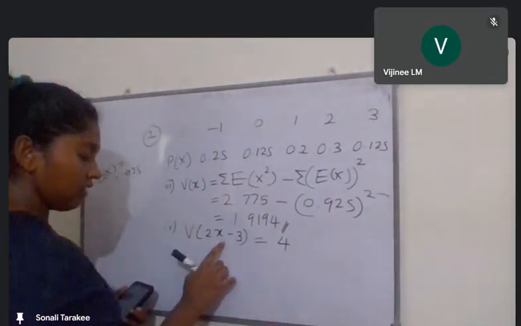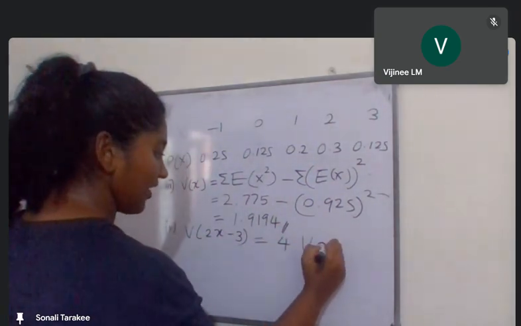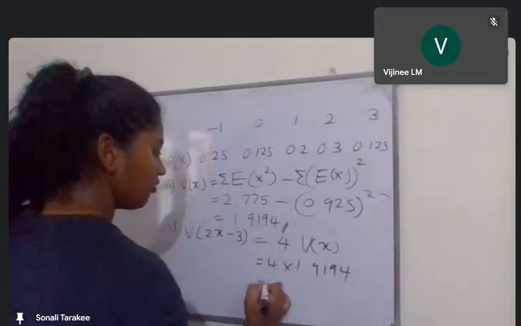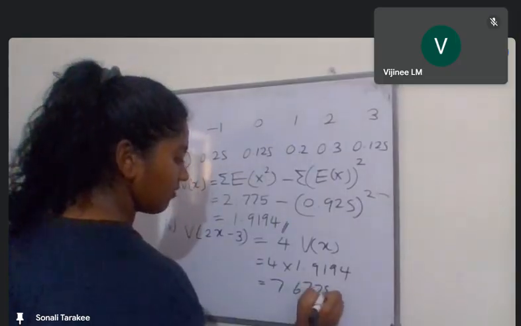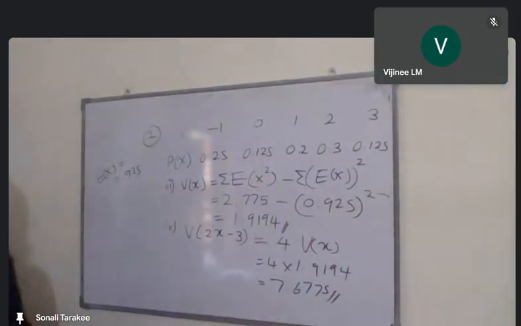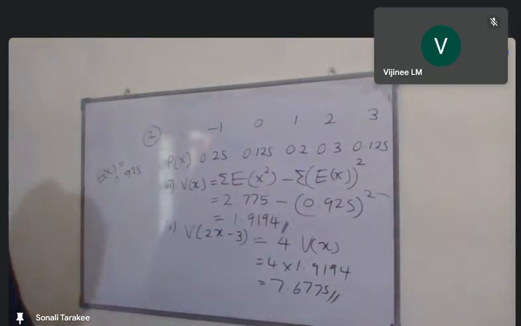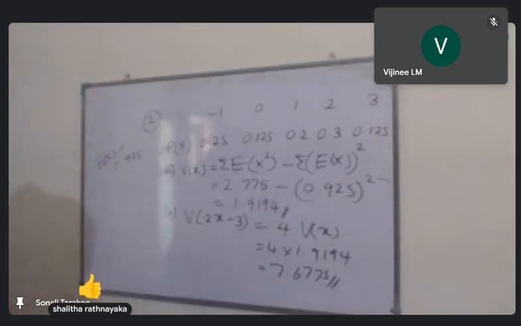Take the constant in front of x and square it. So 4 V(x). 4 into 1.9194, you get 7.6775. This is the answer you get. I hope it's clear. Is anything unclear, or you got the point? Okay.